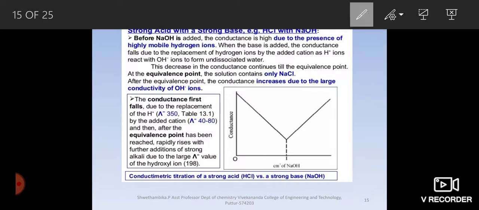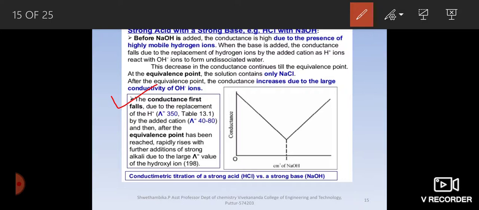This slide also explains the same case, but here one additional point is there. That is how you can account for the variation. This particular point is important.